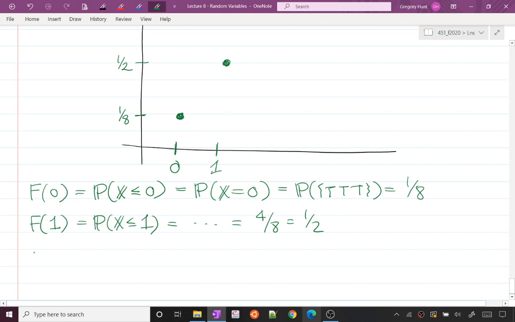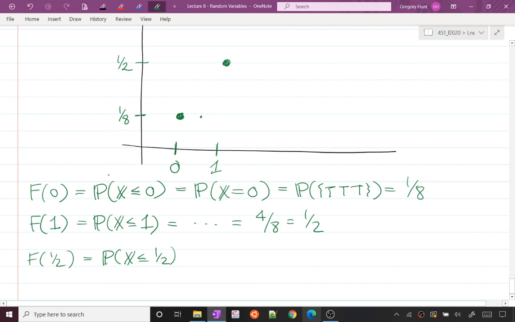What about in between 0 and 1, right? The capital F here is a function. It can take any real number. It doesn't have to be restricted to the sport, or anything like that. It can be any real number. So for example, what if I want to ask about F of 1/2? That's the probability that the number of heads is less than or equal to 1/2. You can't have 1/2 heads. That is the same thing as asking what's the probability I have 0 heads, right?